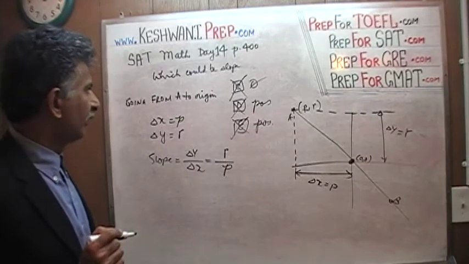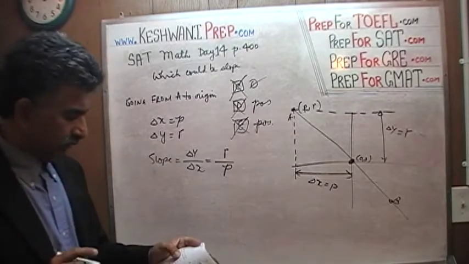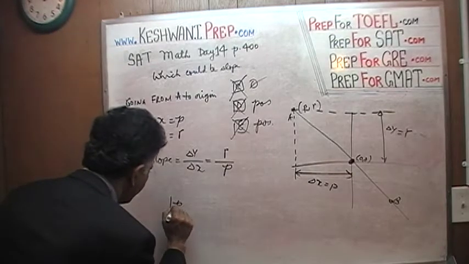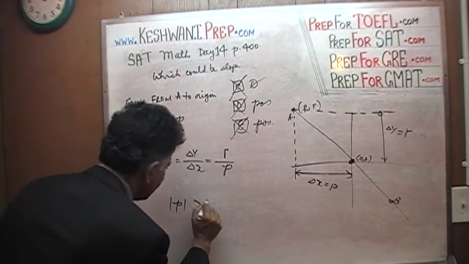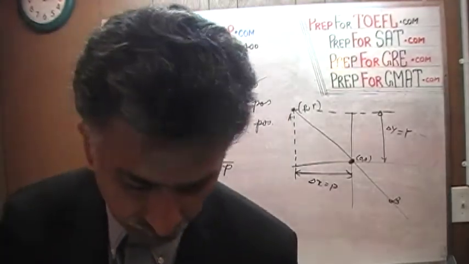What can we say about this ratio? Well, to answer that question, we have to look at one remaining part in the problem, where it tells us that the absolute value of p is greater than the absolute value of r. Why are they so hell-bent on saying absolute value?